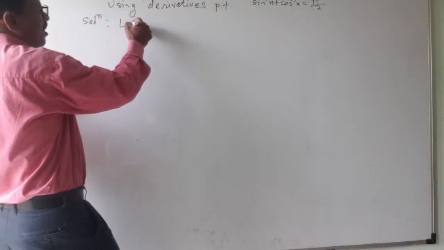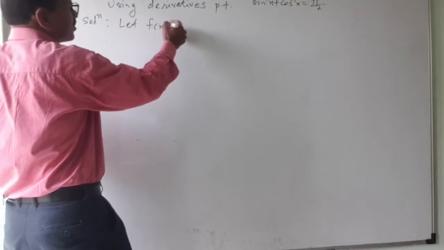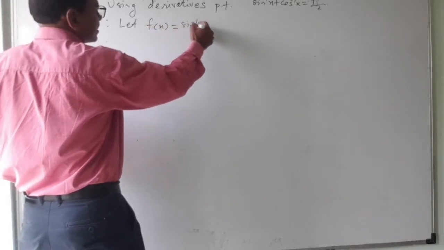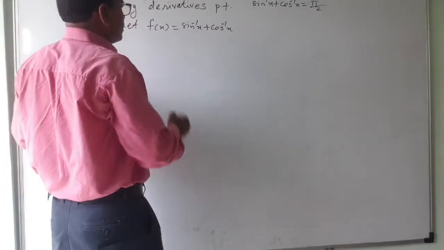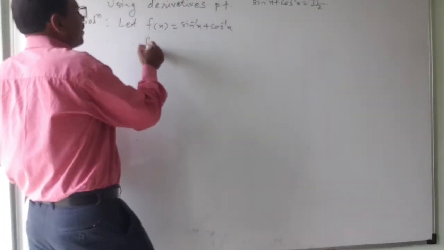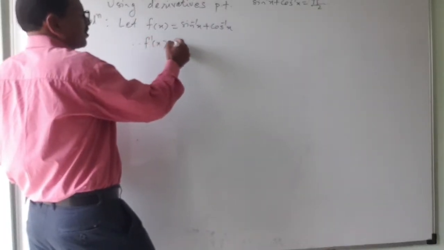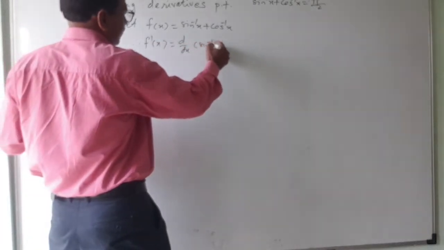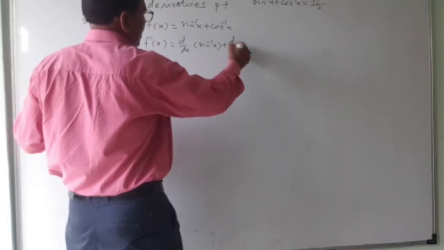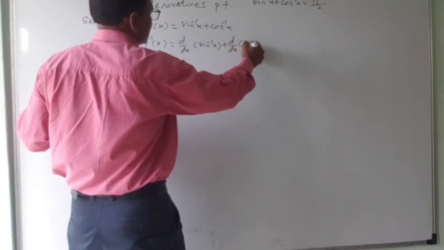Let f of x is equal to sin inverse x plus cos inverse of x. Therefore, f dash of x is equal to d by dx of sin inverse x plus d by dx of cos inverse x.